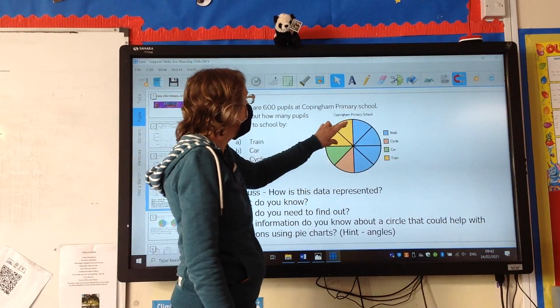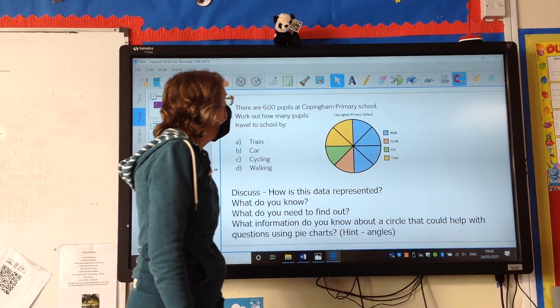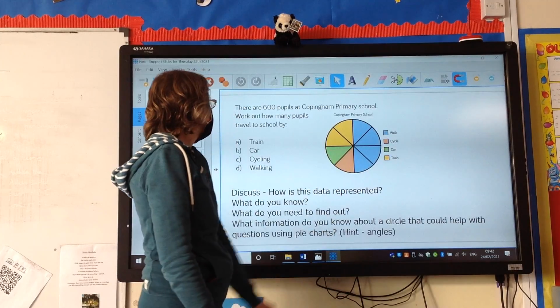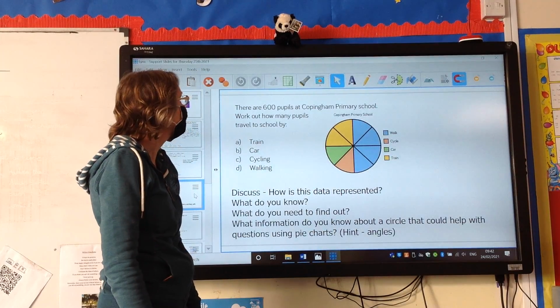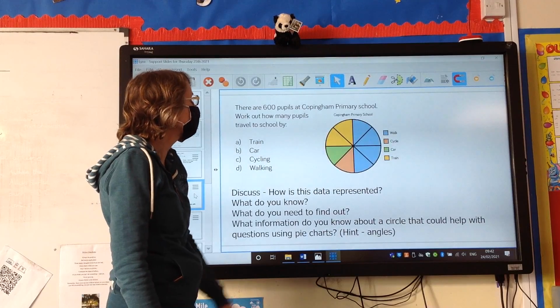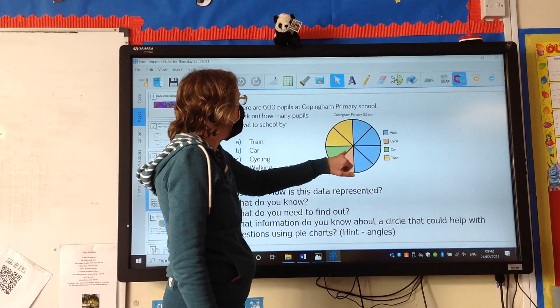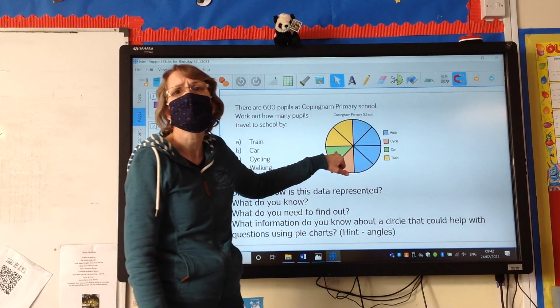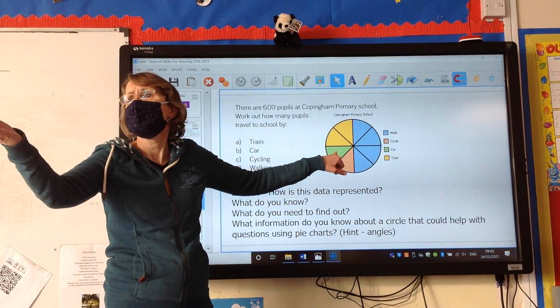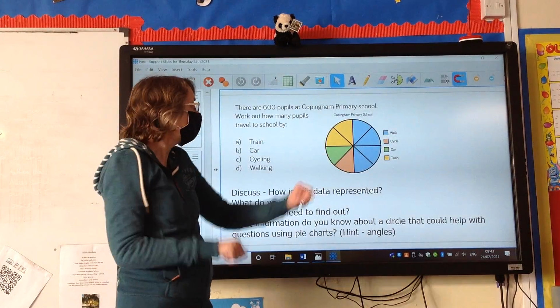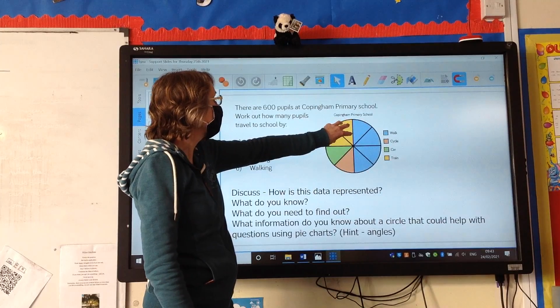So we've got 150, we've got 300. Now, how would we work out what the green section represents, the car section? If we know that the quarter is 150, how could we work out this one? Only half 150. Good, which is 75. 75, yeah. We know that that is 150.